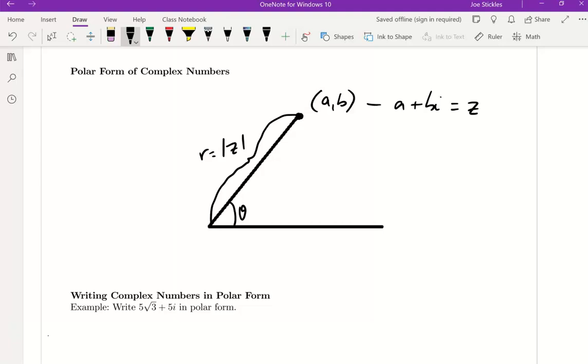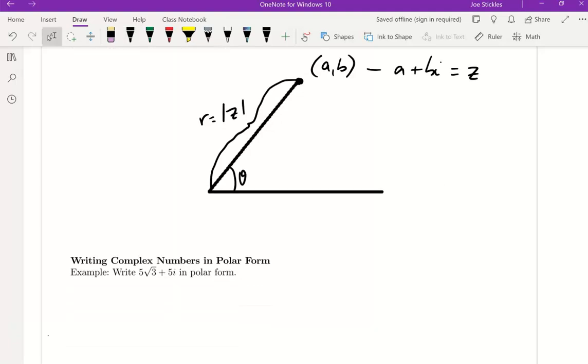So you can figure out your theta by doing tangent of theta is y over x, just like we talked about before, right? So when we write this in polar form of your A plus BI, then my point here is my R, or my A comma B.